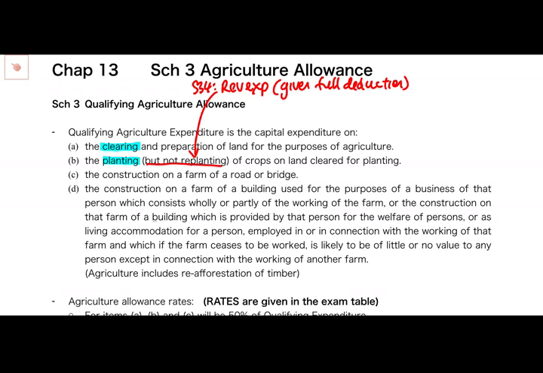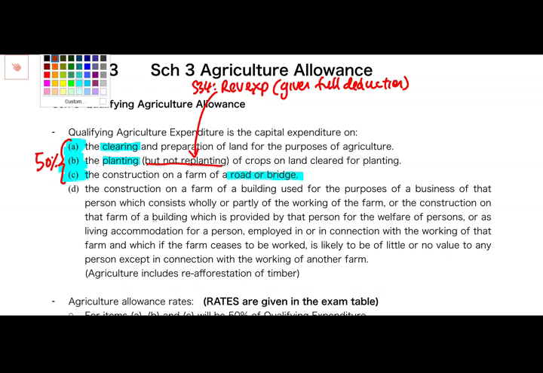And then you see what I've said just now, on the farm, it's very likely you're going to construct road, construct bridge. Now, these three will be the qualifying capital expenditure that we will give 50%. So can we just write aside 50%?